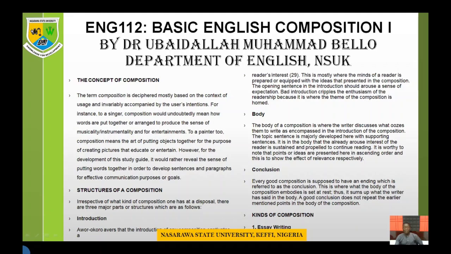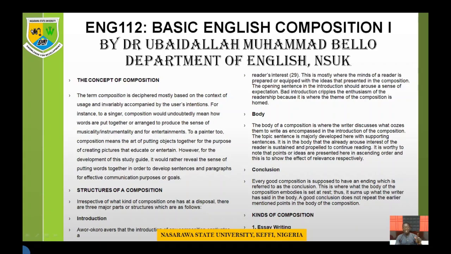There are different spheres where a call for writing would have to reflect itself. For instance, to a painter, composition may mean the art of putting objects together for the purpose of creating pictures, to educate, to entertain, or to do whatever the painter is aimed at achieving. So when we hear the word composition, we don't need to conclude what it is on one side.